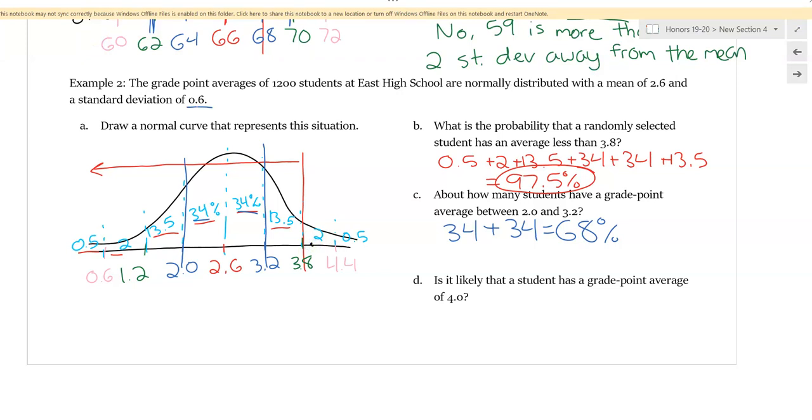And again, no. Not likely. It's more than 2 standard deviations away from the mean.